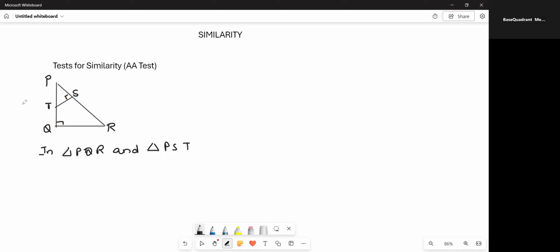Therefore, Q corresponds with S. So what are the names of the angles here? Angle PQR is congruent to angle PST because both of them are each 90 degrees.